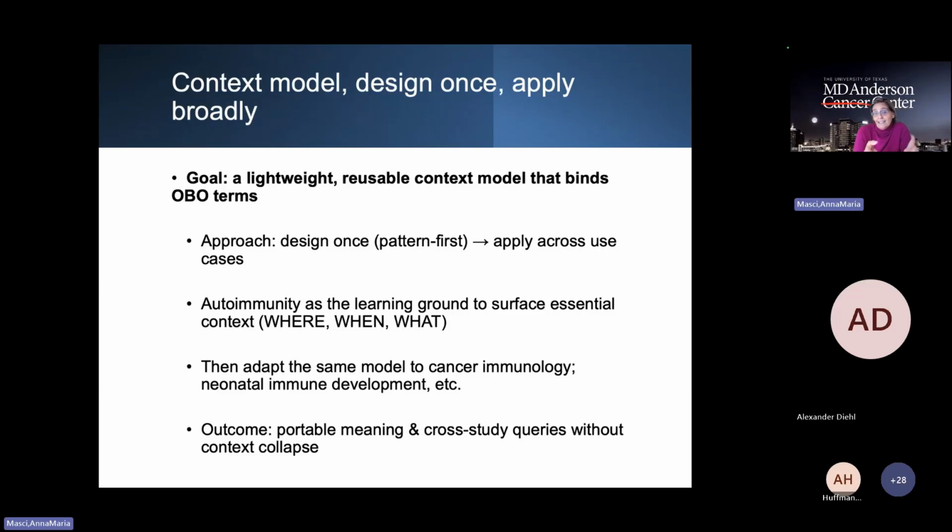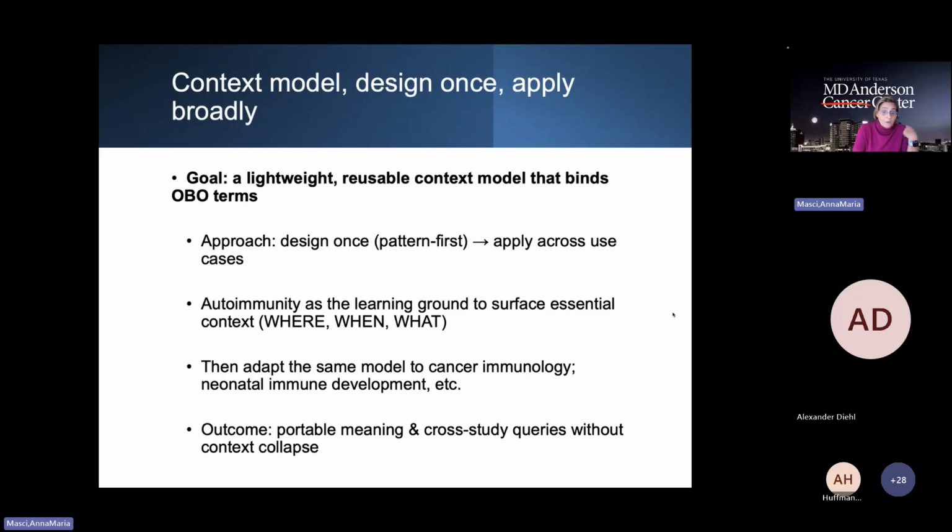And that will be used for other cases, like we already have the idea to go to cancer immunology, as well as physiological neonatal immune development, and all others. So really there should be one model that could fit all the possible use cases.